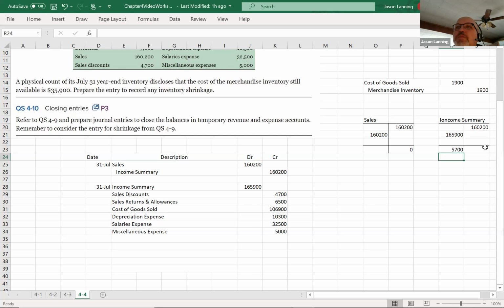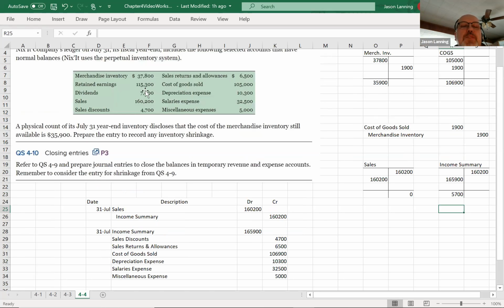So basically, if you think about it, and we should be able to see this because sales was 160 and our expenses were higher. So really, we're looking at having a net loss here, not net income. And what we would end up doing here is, if we went the whole way with this, we would take dividends.